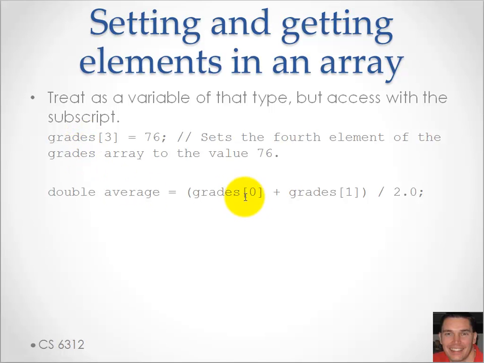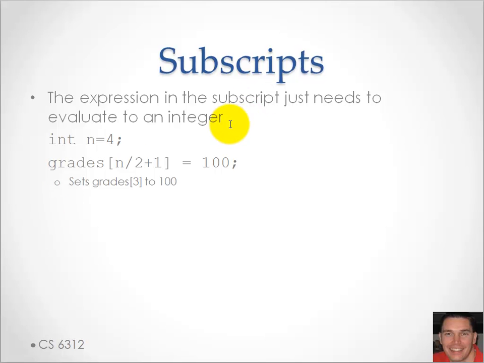What I'm doing here is actually getting out my first element and my second element, adding them together, dividing by 2, and assigning that to the value average. That subscript, just as I mentioned on the last slide, must evaluate to an integer. So here, n divided by 2, that's 4 divided by 2 is 2. 2 plus 1 is 3, so this is setting grades of 3 to the value of 100.